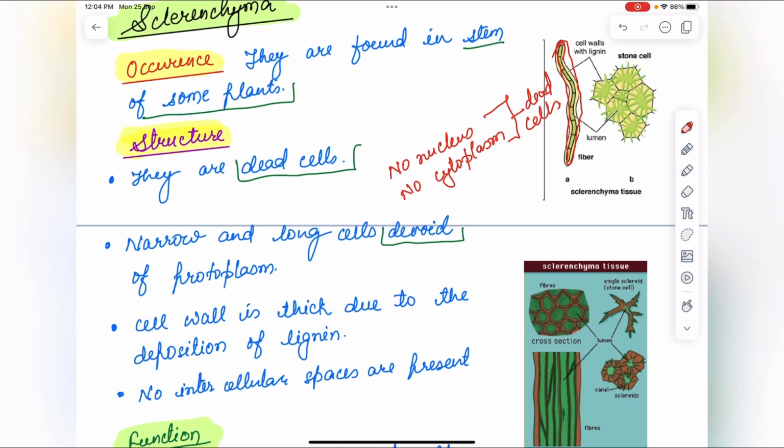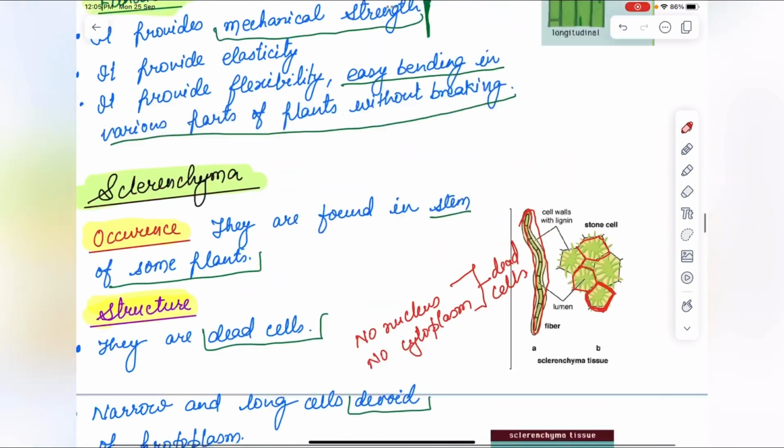The cell wall of this sclerenchyma is thick due to the deposition of lignin. Because of the deposition of lignin, it is very hard. No intercellular spaces are present. So see, there are no intercellular spaces in the sclerenchyma. We have seen in sclerenchyma and in collenchyma there are no intercellular spaces, but intercellular spaces are present in parenchymal tissue.